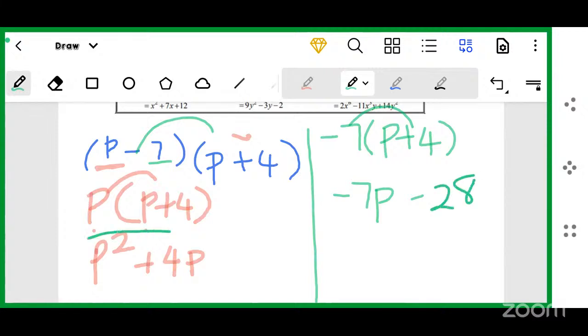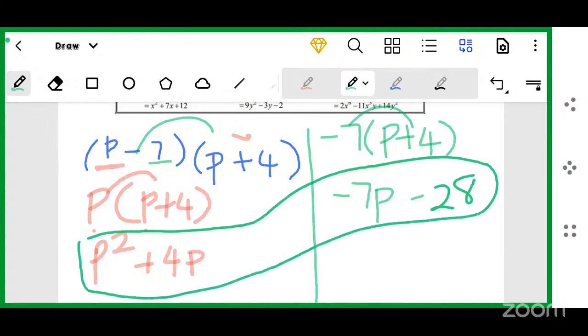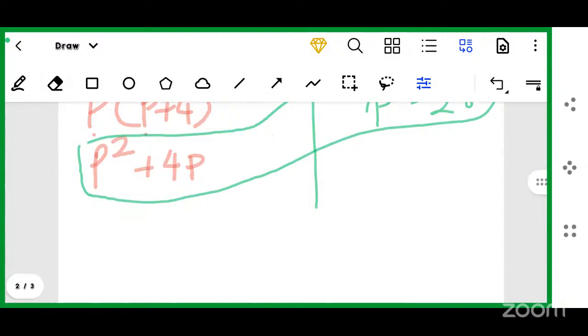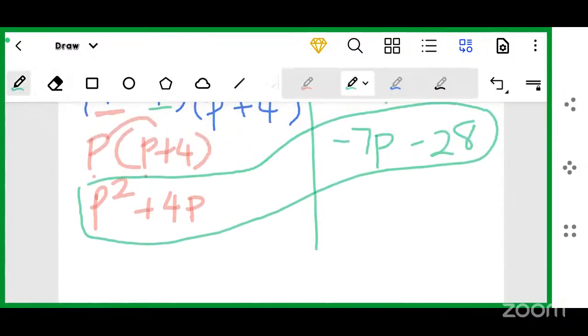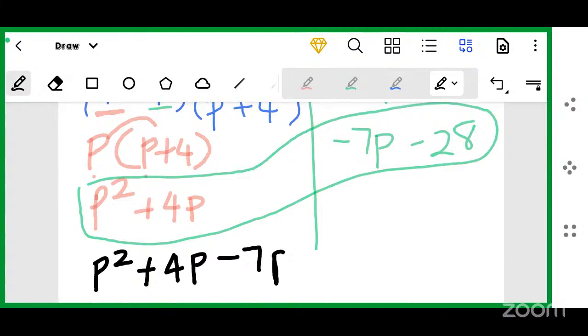So now we just merge these two, and we are going to remain with something like p to the power of 2 plus 4p minus 7p minus 28.